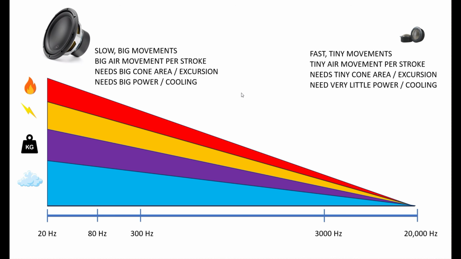More power means more heat, which means more cooling. So, as we go from high frequencies to low frequencies, the amount of air we need to move, the size of the cone and the mass of the cone, the power needs and the heat generated all increase as you go from high frequencies to low frequencies, right?